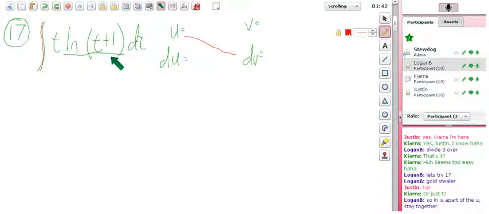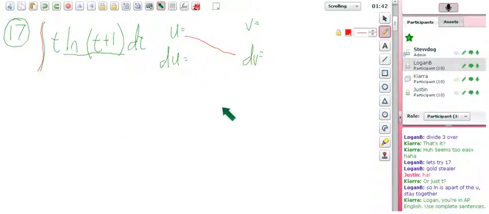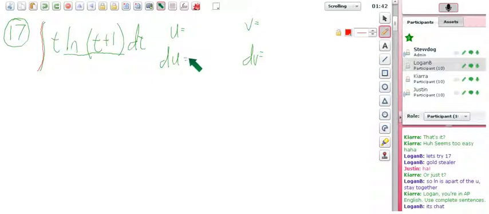Well, the natural log does need to stay with the t plus 1. You can't just pull them apart, natural log over here and t plus 1 over there. So would the derivative of u be the natural log of t?